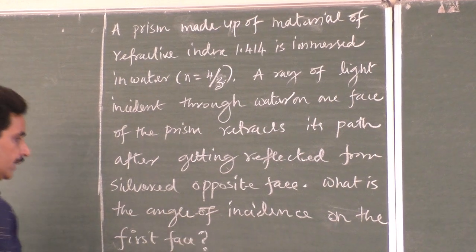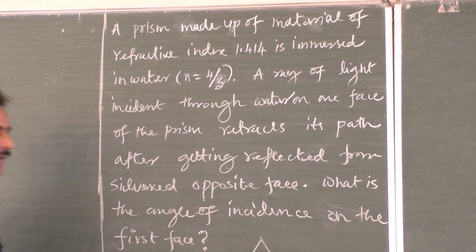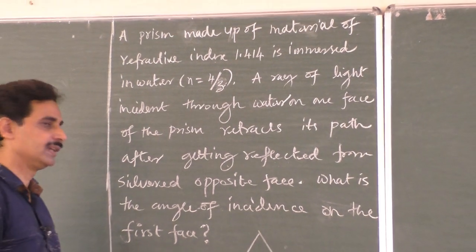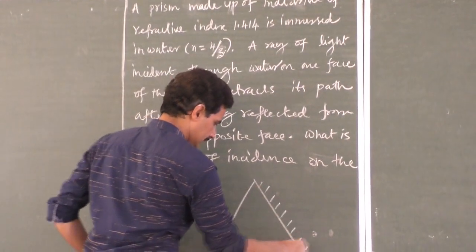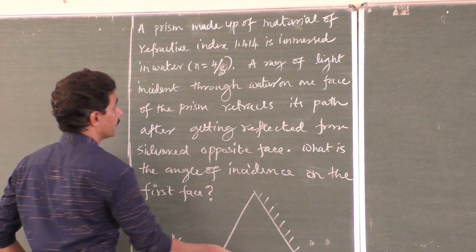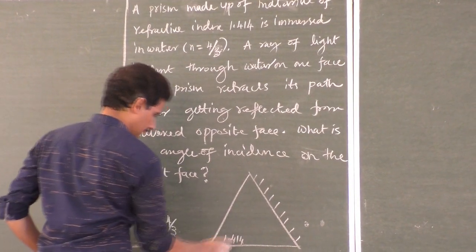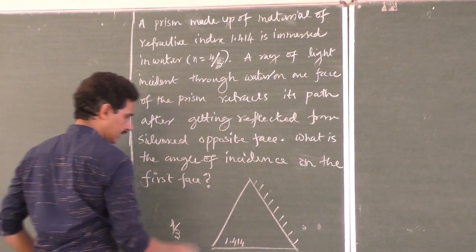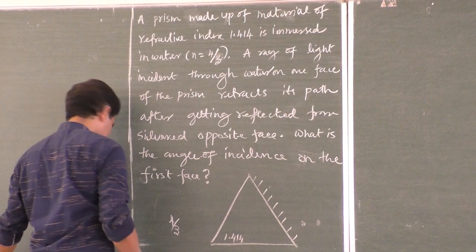So if you analyze this problem, it is like this. If a light has to retrace the path after being incident on a silvered face, say this face is silvered. This is water of refractive index 4/3 and this is the prism medium of refractive index 1.414. If a ray of light has to retrace the path, it has to be incident normally on the face, right?